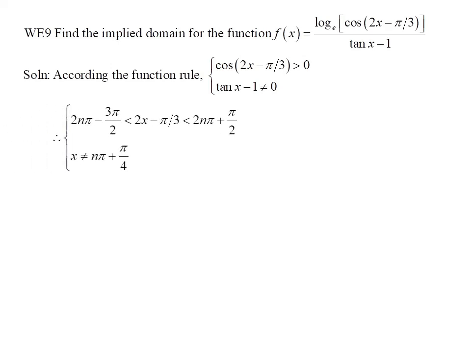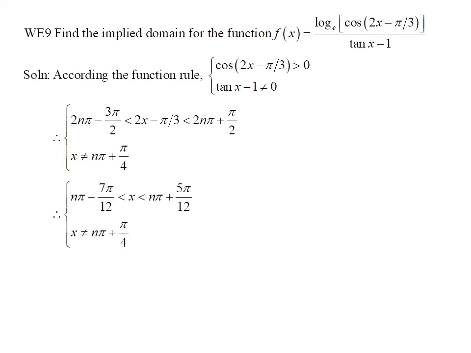Since cosine function is greater than 0 when 2x minus pi over 3 is in the first and fourth quadrant, then x is between n pi minus 7 pi over 12 and n pi plus 5 pi over 12. Since tangent x minus 1 is not equal to 0, then x is not equal to n pi plus pi over 4.